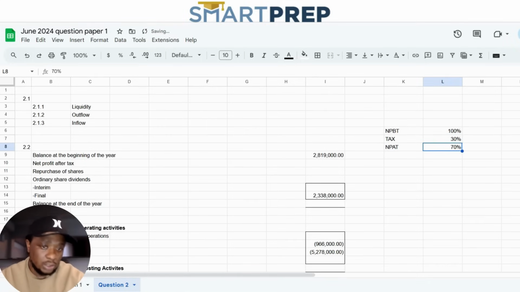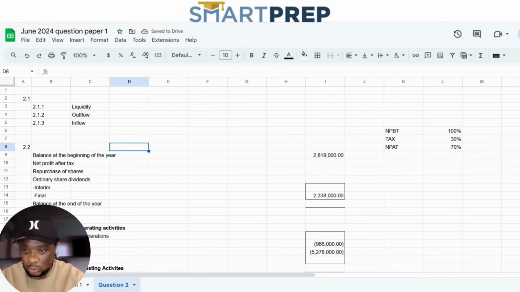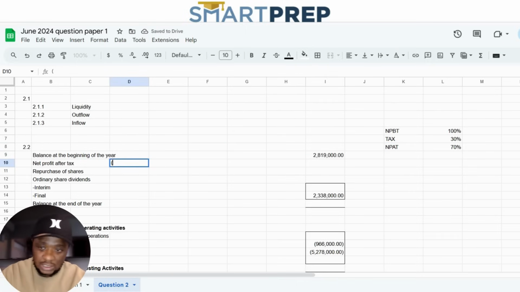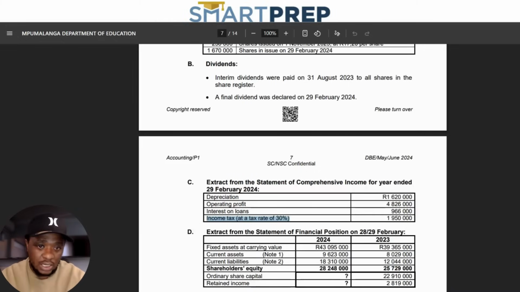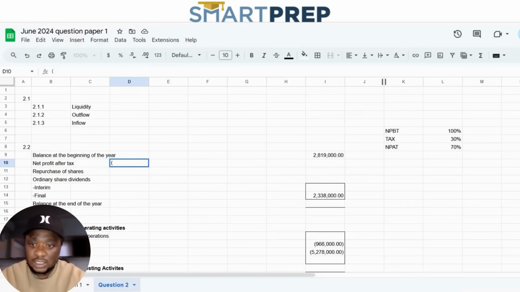So to work out your net profit after tax, which is what we're looking for here, we're going to take our income tax, which is given as 1,950,000. So we're going to say 1,950,000, and then we're going to multiply by what we're looking for, the net profit after tax, which is 70%, and then we're going to divide by what we're given, which is the tax at 30%.